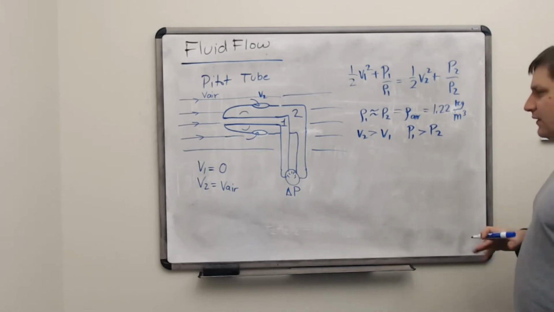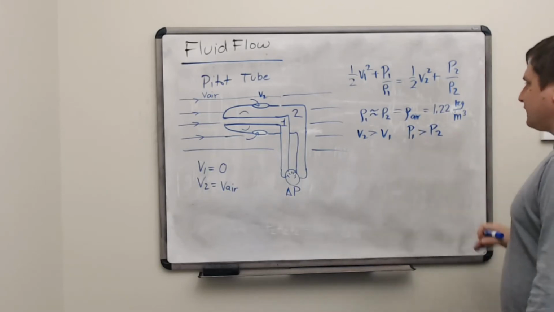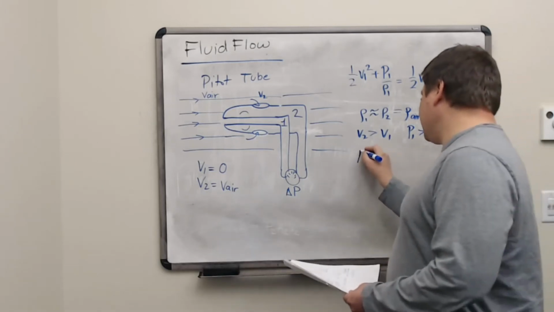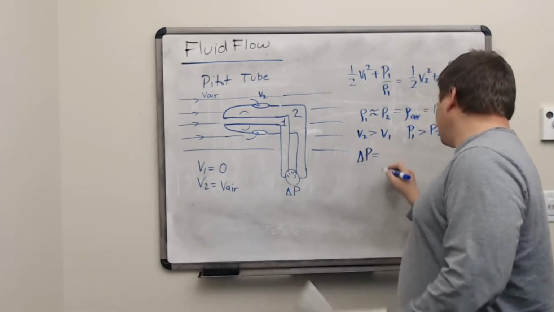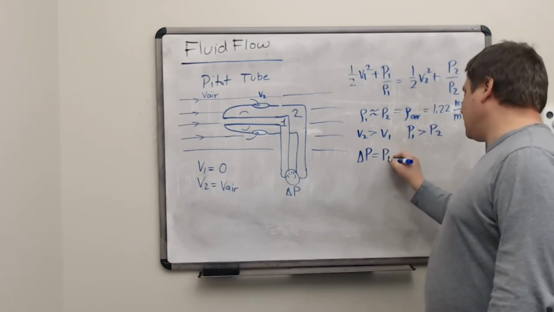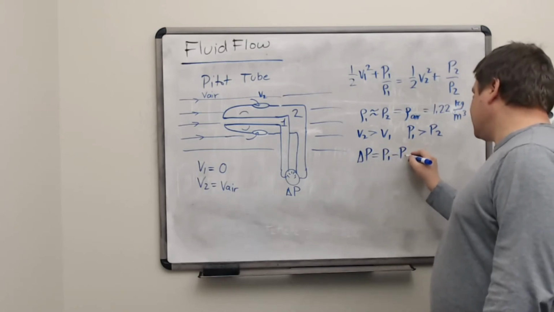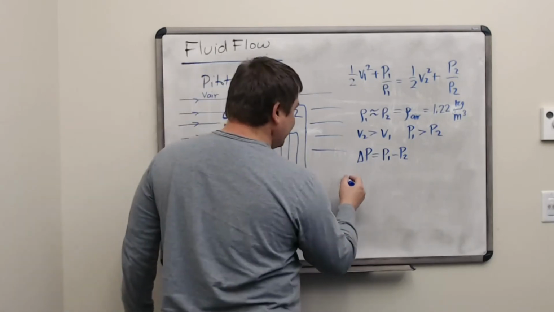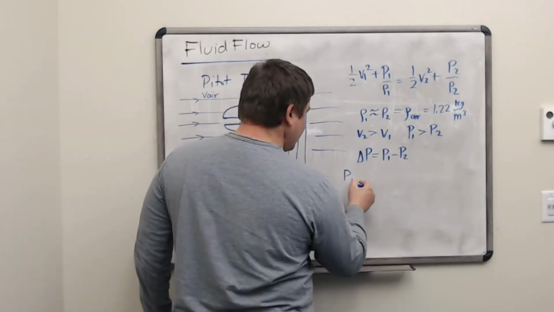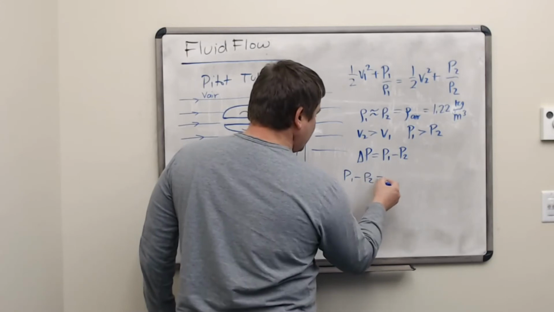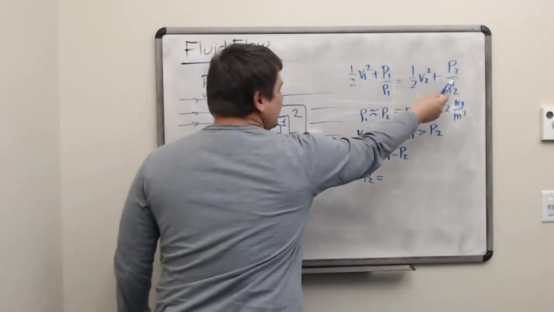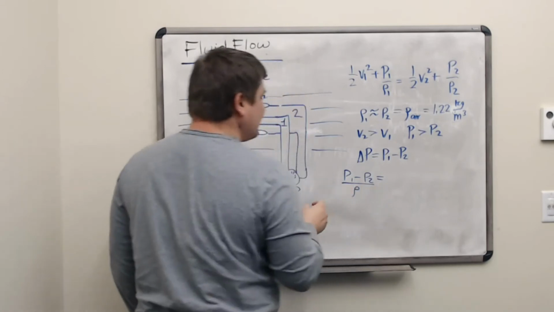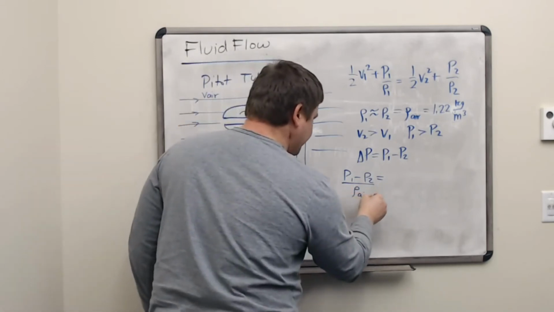Okay, so the air that's moving has a smaller ambient pressure. So our delta P, our difference in pressure, is going to be equal to P1 minus P2. So we'll solve for P1 minus P2 in this equation up here. All right, moving the P2 to the right side, we'll have these divided by the same density rho of the air.